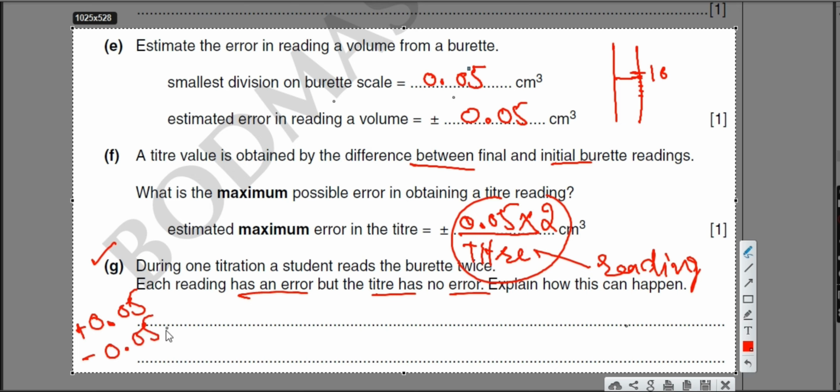So this error cancels out the previous error. The errors are in opposite directions and cancel out the effect of each other, and hence overall there was no error. Although there was an error in taking both readings, the errors cancel each other, and the final result has no error at all.